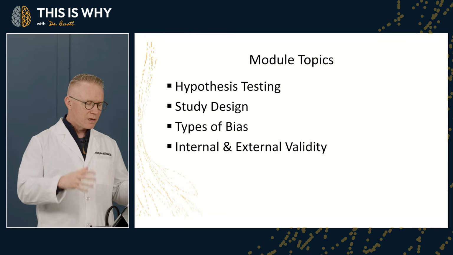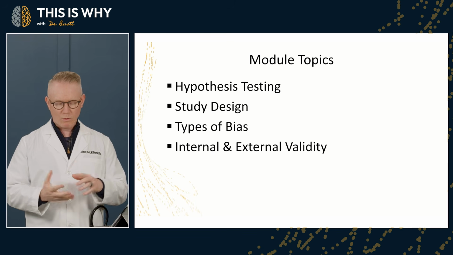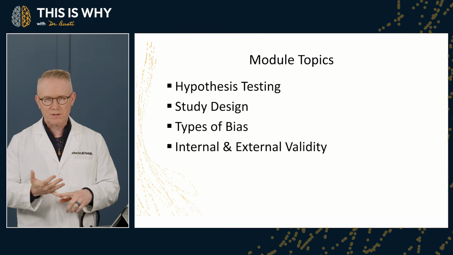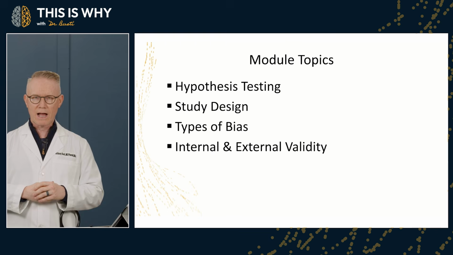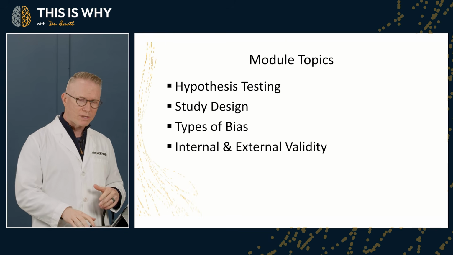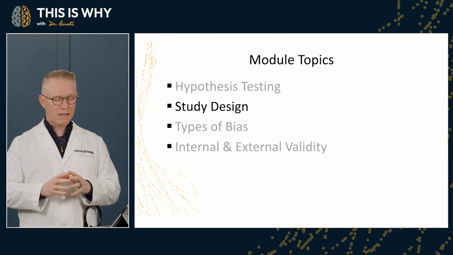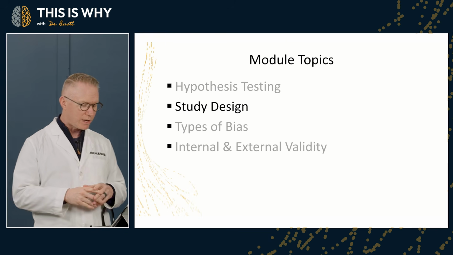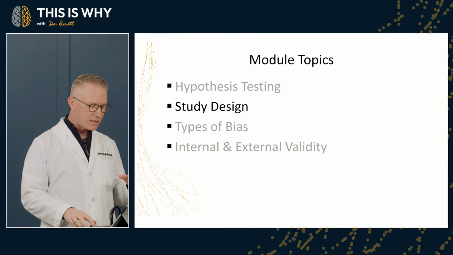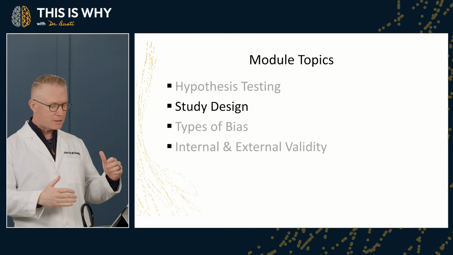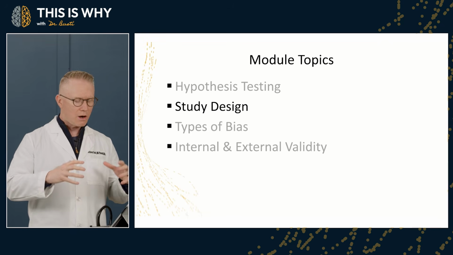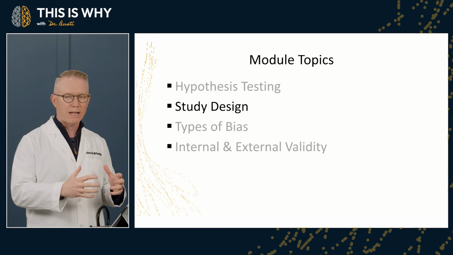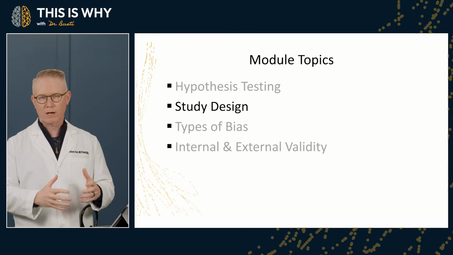This is the module that we're in, where we've already covered things like hypothesis testing. If you haven't seen that lecture, go check that out. We're in the particular area of study design, and that's where we're going to be anchoring our time. And then there's also types of bias and internal and external validity. All of these things are essential to consider at the beginning stage if you're a researcher putting a protocol together.